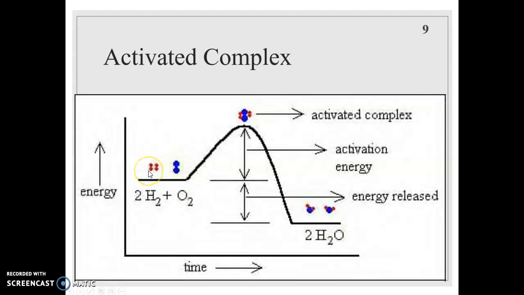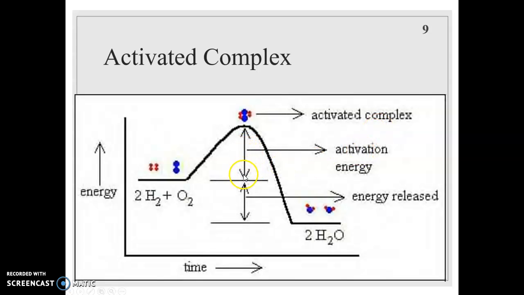And then on an energy pathway diagram, the activated complex would be whatever is present at the top of the hill. So that's the activated complex, and the difference between the energy level of the reactants and the activated complex is called the activation energy.